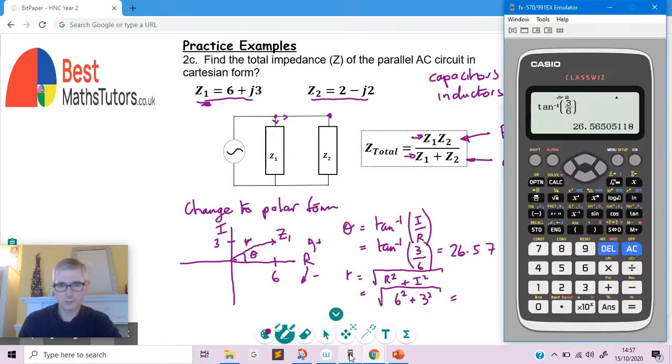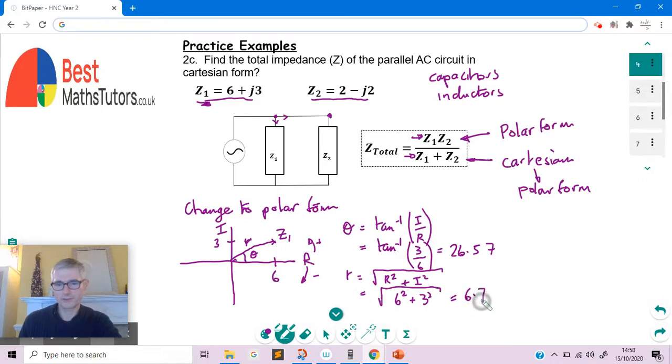So I get 3 root 5, which is in exact form, but I want it in decimal form at the moment. If I press that SD button, that puts it into decimal form, and I get 6.71 if I round it to 2 decimal places again.